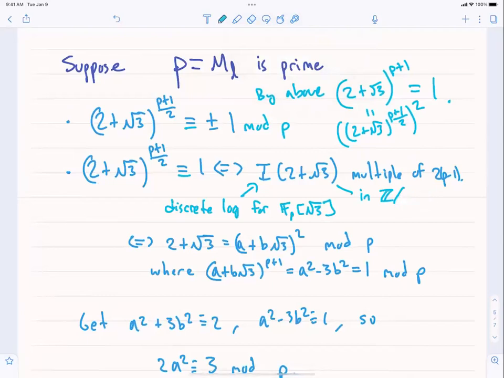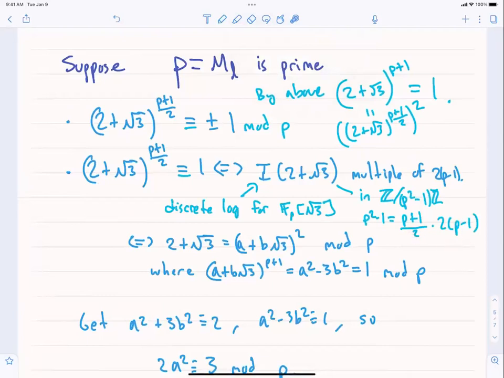Z mod p squared minus 1 z. But p squared minus 1 is equal to (p plus 1 over 2) times 2 times (p minus 1). So this is a factorization into 2 integers.